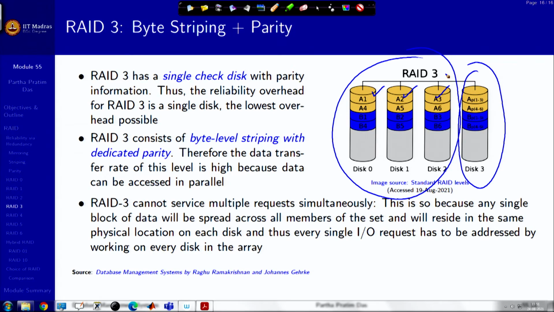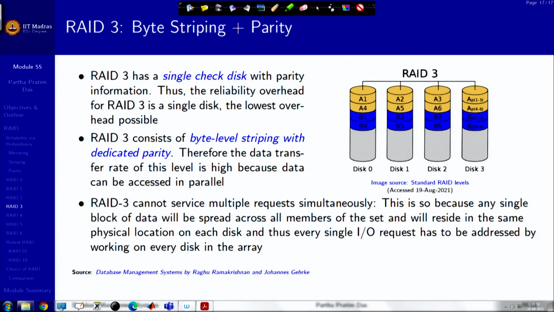In the parity disk, for example, you write the parity of A1, A2, A3. Next, you write the parity of A4, A5, A6. So, you have byte-level striping with dedicated parity. Naturally, RAID 3 cannot service multiple requests simultaneously, because any single block of data is spread across all members of the set. So, it does not have very good parallel bandwidth.